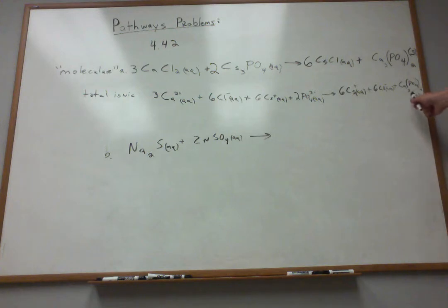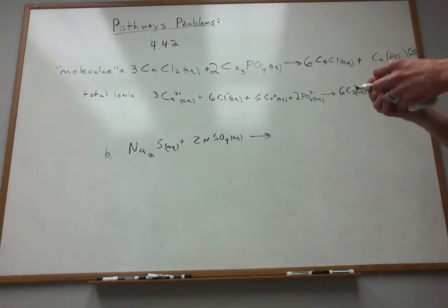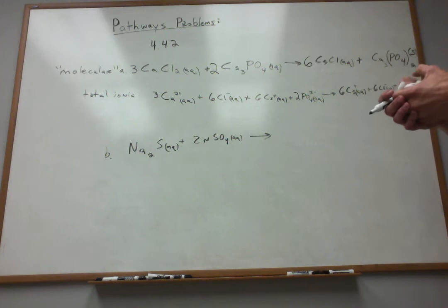Okay? Because again, the calcium and the phosphate, they bump into each other, they pair up, they form a crystalline solid, a white precipitate in solution that exists as a solid. When that solid forms, the ions no longer are aqueous, they're no longer hydrated. Now they exist in that solid crystalline lattice. Okay? So this is my total ionic equation.